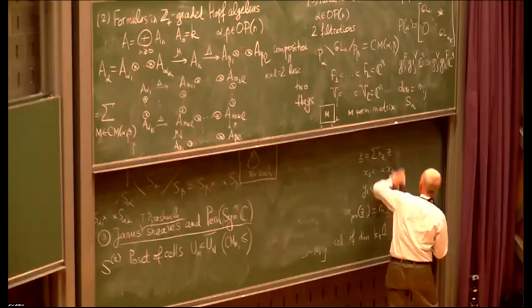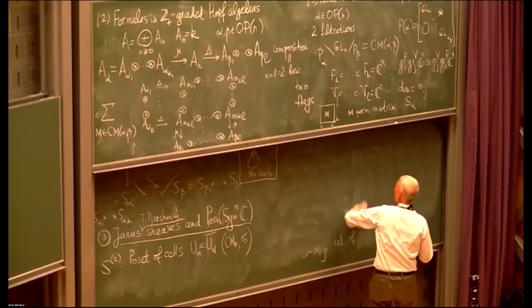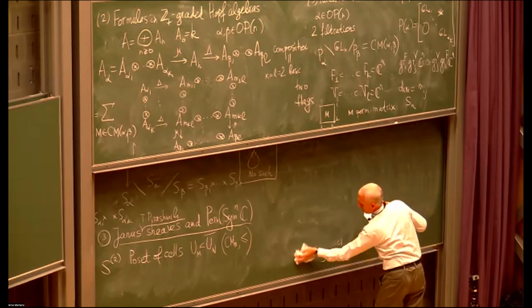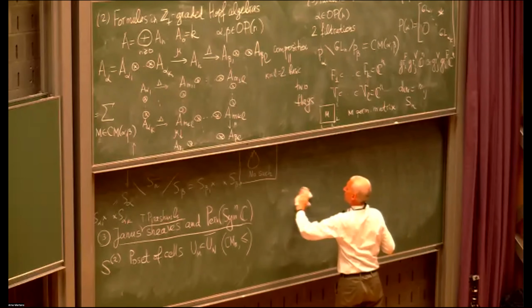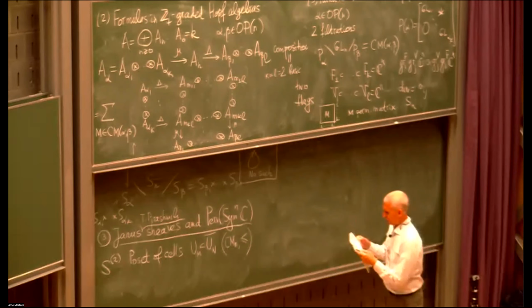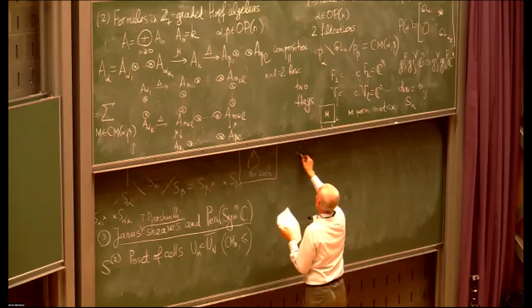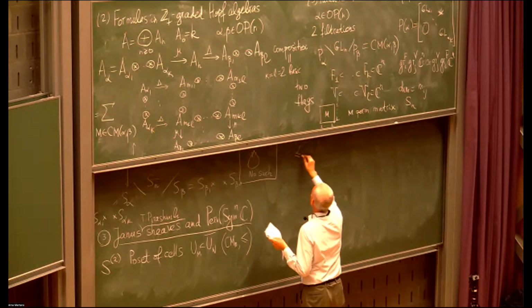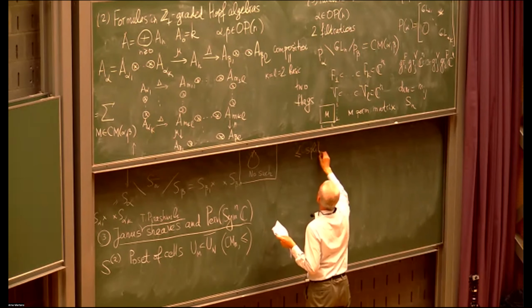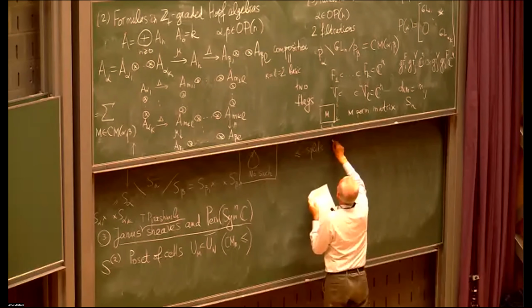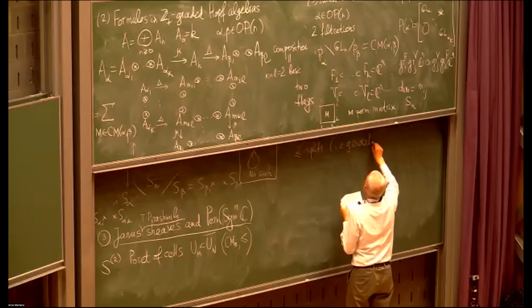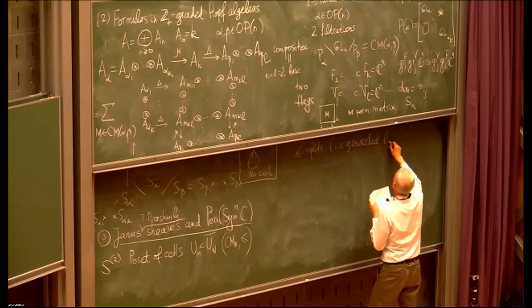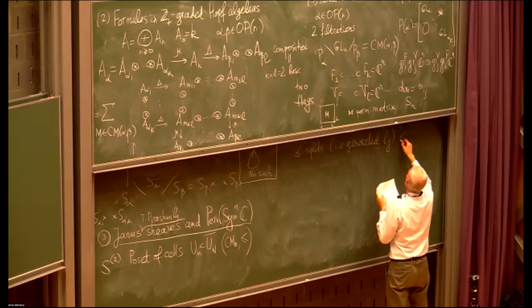So let's look at this poset. Actually, if we still imagine the geometric picture here, this partial order is in fact generated by two partial orders.